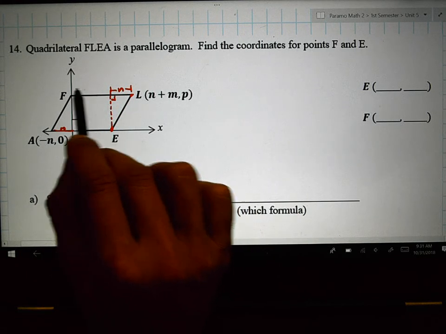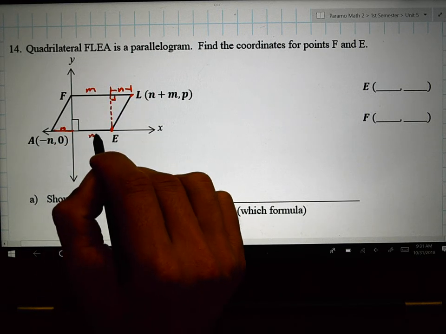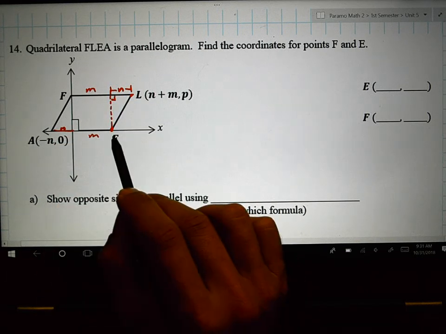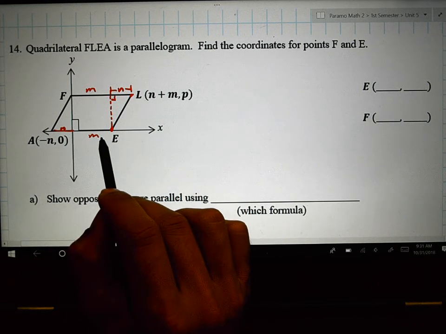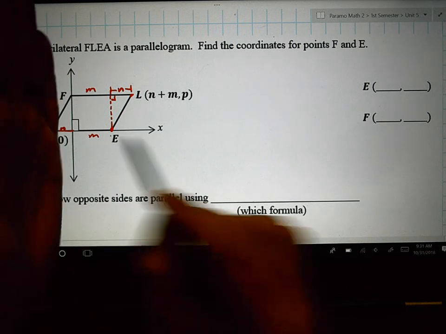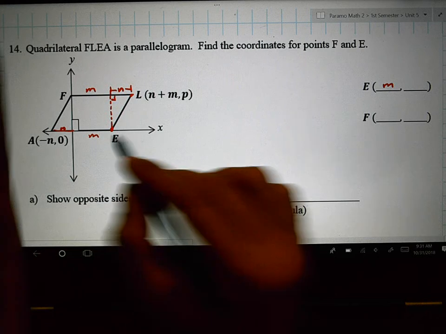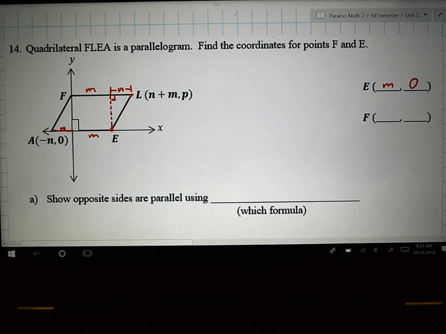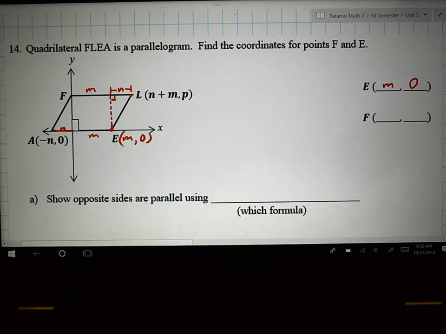What does this distance have to be? Which is going to help me figure out what E is at. If this distance is m, and I'm going from here, then this must mean that I'm going horizontally m units, and I'm going up 0 units. This has to be m comma 0 for E.